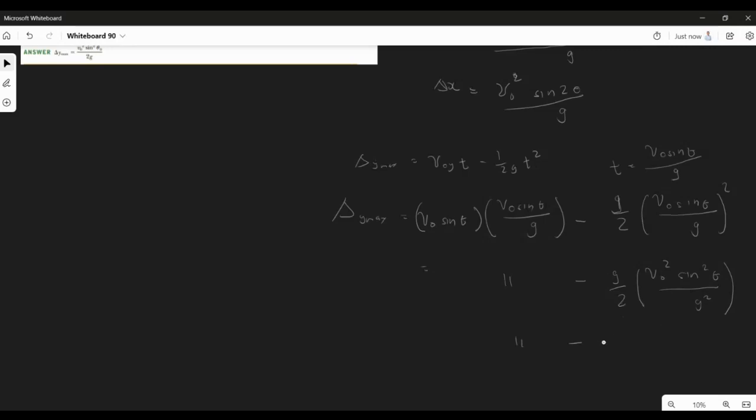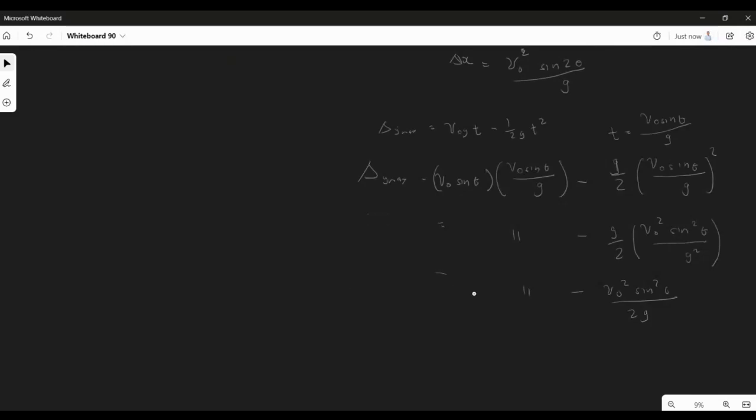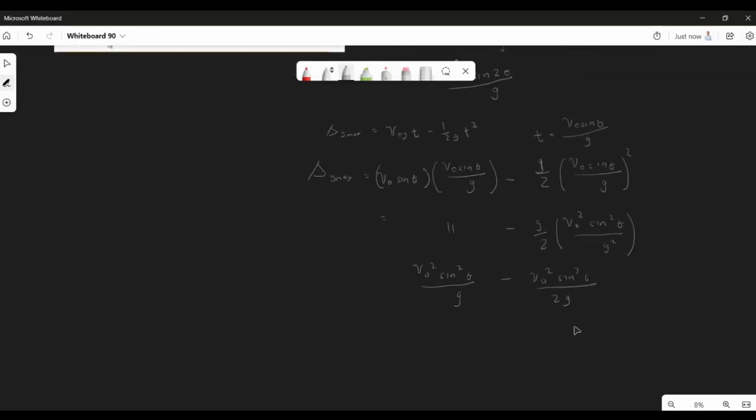So we're left with V0 squared sine squared theta divided by 2G. I'll rewrite this again for you so you can see it. If you multiply these together, you get V0 times V0 squared, sine theta and sine theta, sine squared theta, and we divide that by G. You guys agree with that so far?